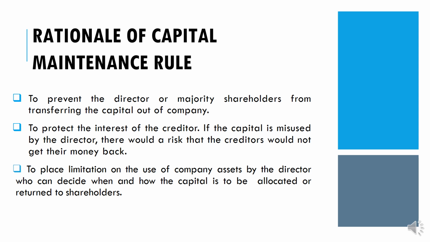Or the director cannot simply make a decision in returning shares to the shareholders, right? Because the shares and the assets are the capital of the company. We do have now the law providing rules on how to maintain the capital of the company.